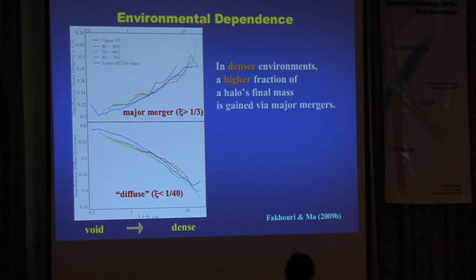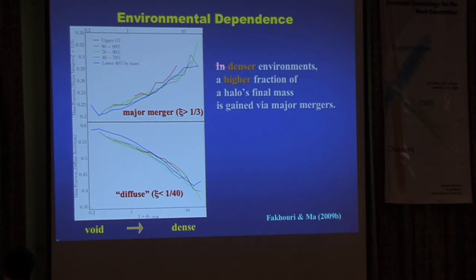So again, I'm plotting now, so this is the corollary of the merger rate I showed earlier, but here is the mass fraction for a given halo that's gained through major merger in its history as a function of environment again. Okay.